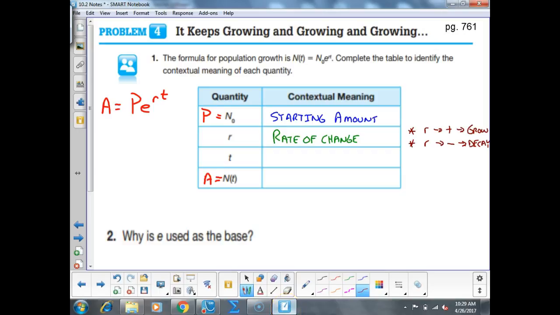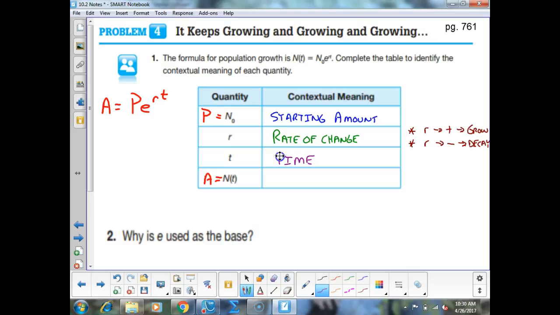Here's another cool thing about PERT. T is time. In that compound interest one that we did yesterday, T was years, and it's always years. In PERT, it's whatever you have.